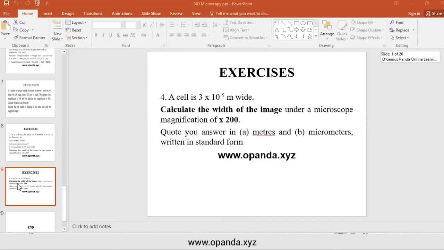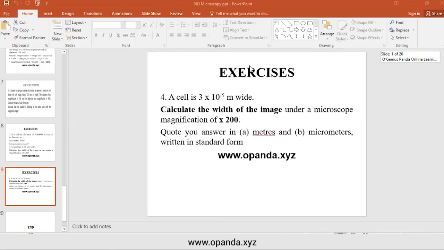Nikuze, I see you are done. Tell us about your working. What I have done, we know that to calculate image size you take magnification times actual size, and we had magnification of 200 times.